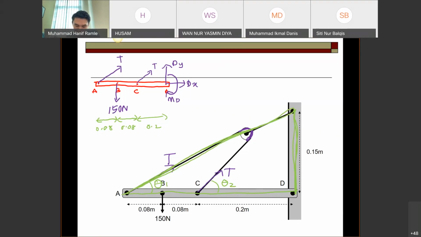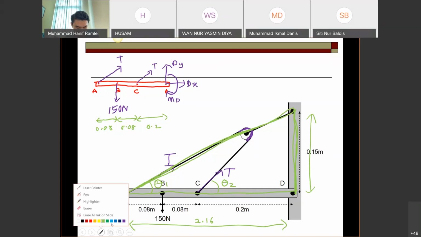So you can determine theta based on this angle. This length should be 2.16, and this length is 0.15. You will get theta 1. I give some idea, maybe you should solve it later because we are running out of time. This is the idea. So get theta 1.